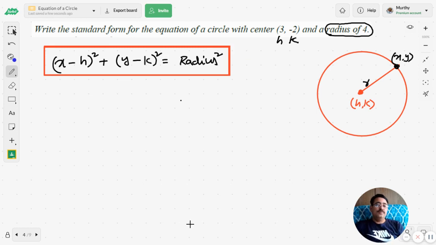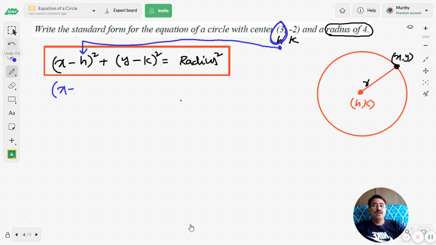Now, if you can identify which value goes where, the value of h that goes here, x minus h, is 3 units. H value is 3, therefore x minus 3 square plus y minus k. You see that k goes all the way here, so it is -2. Please notice that y subtract -2.